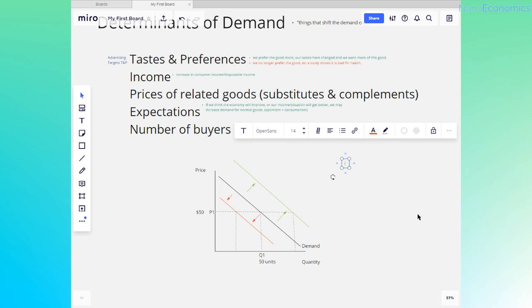When it comes to income, again, this is pretty simple. A decrease in consumer income causes a decrease in demand, or a left shift of demand.